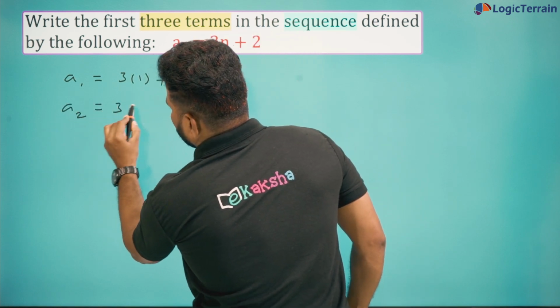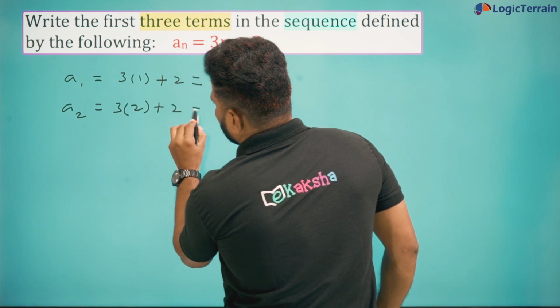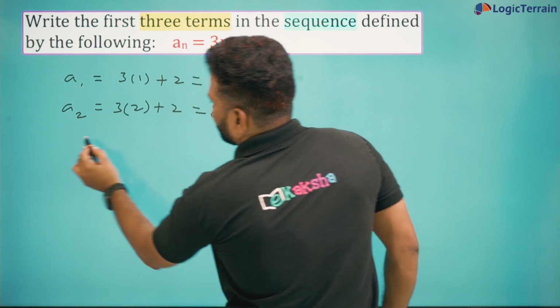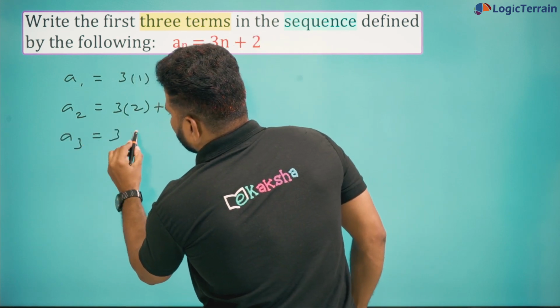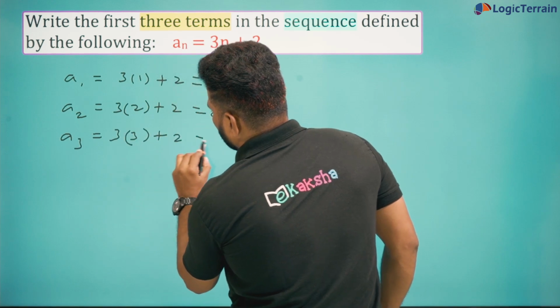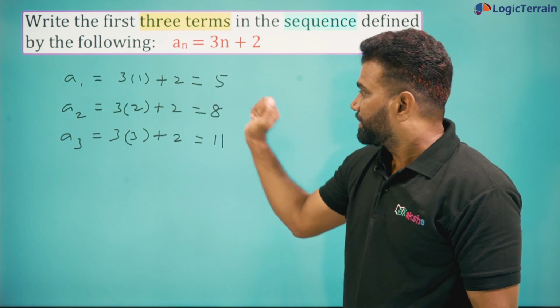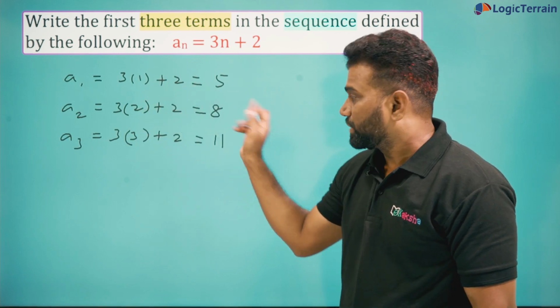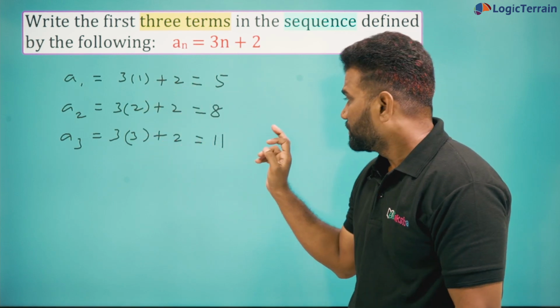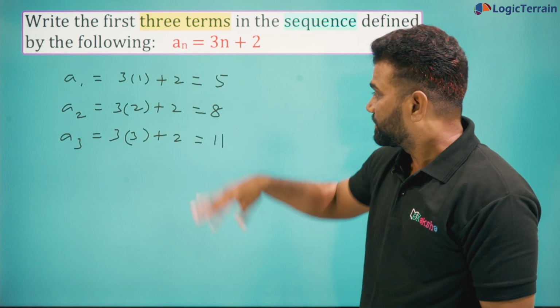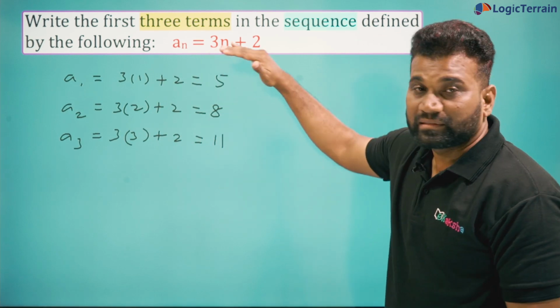A2 is equal to 3 times 2 plus 2, that is 8. A3 is equal to 3 times 3 plus 2, that is 11. 3 times 1 is 3 plus 2, 5; 3 times 2 is 6 plus 2, 8; 3 times 3 is 9 plus 2, 11. Clear? So these are the first three terms of this sequence.